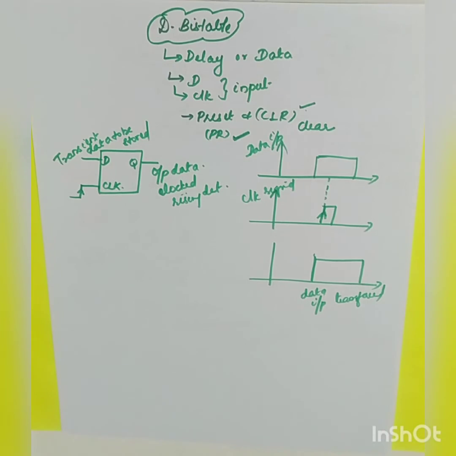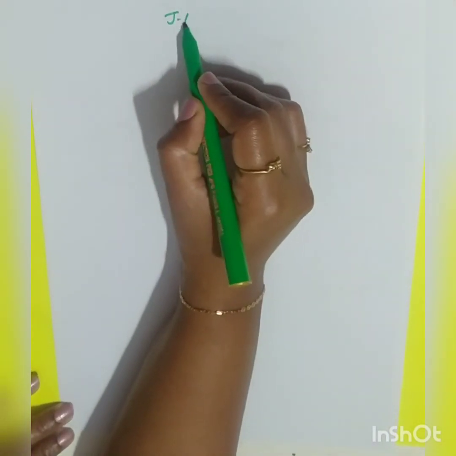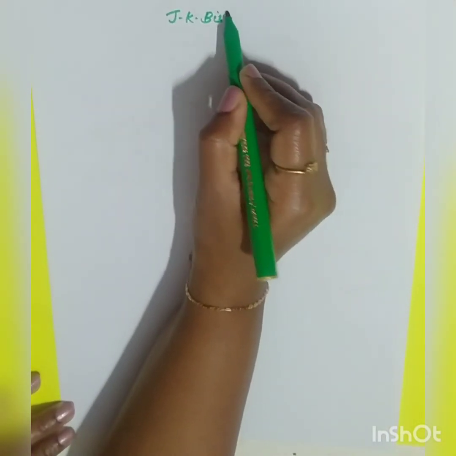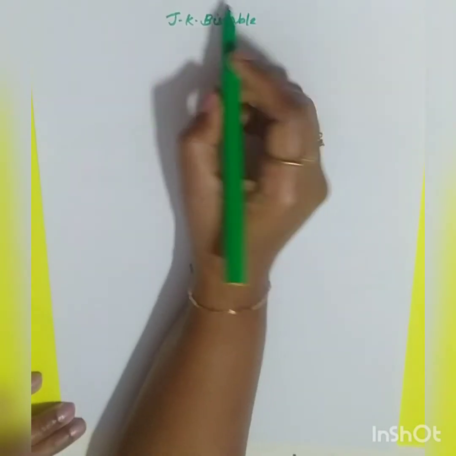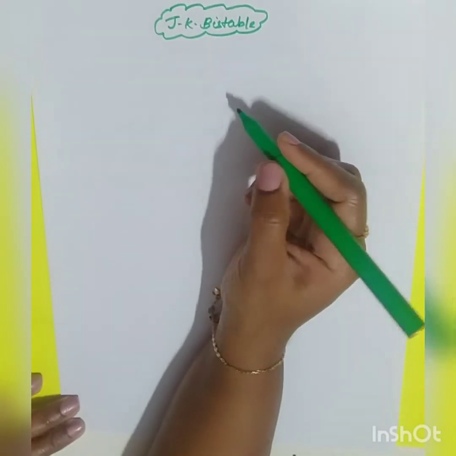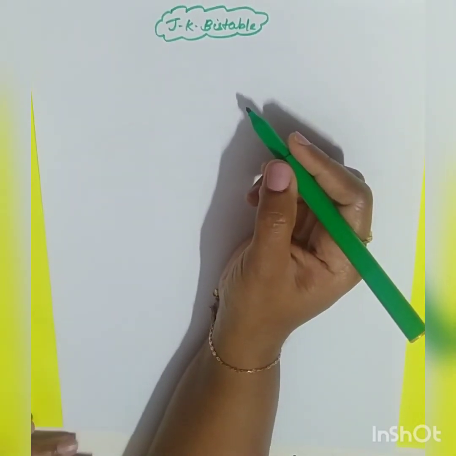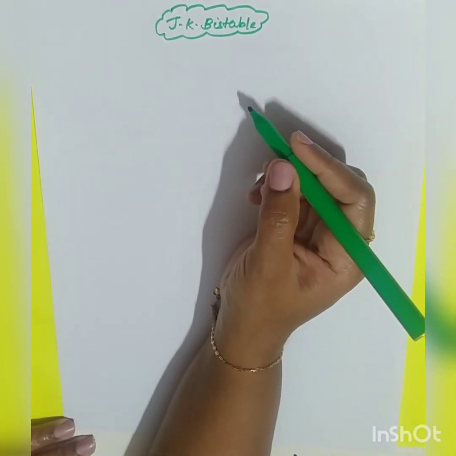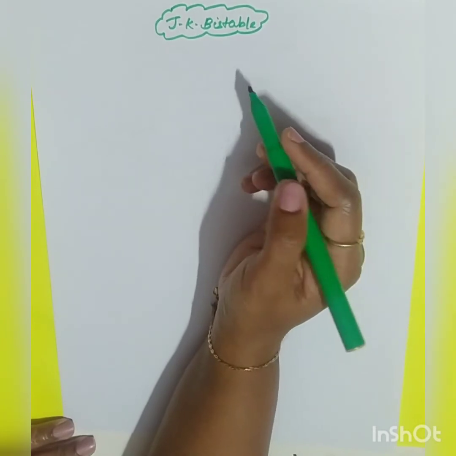The next flip-flop, or the next bistable you are going to study, is a very important bistable called your JK bistable. What is the advantage of your JK bistable? It is similar to your RS flip-flop, but what is the difference?